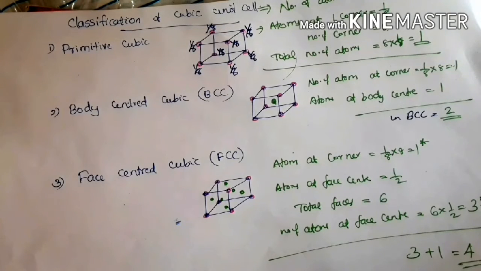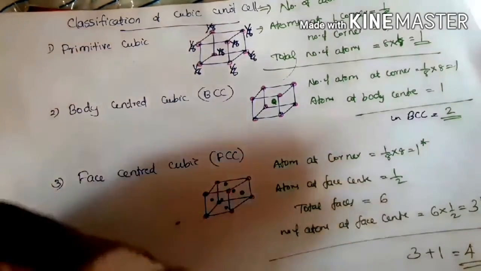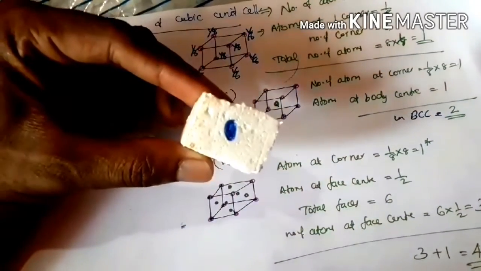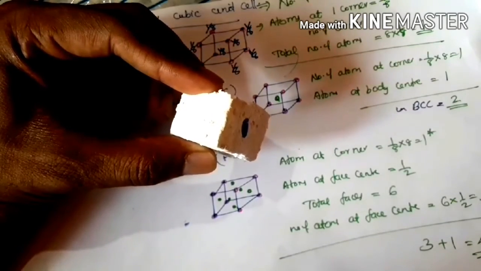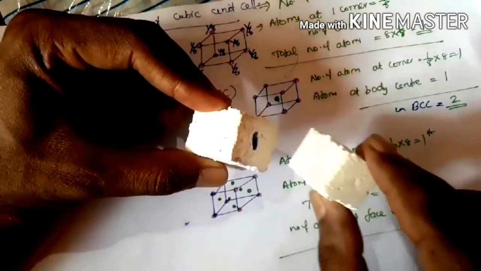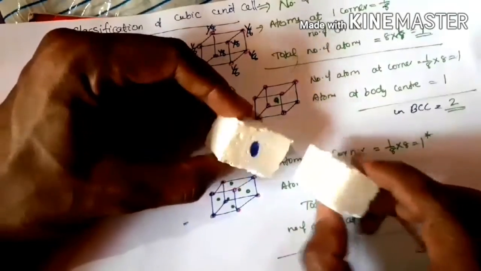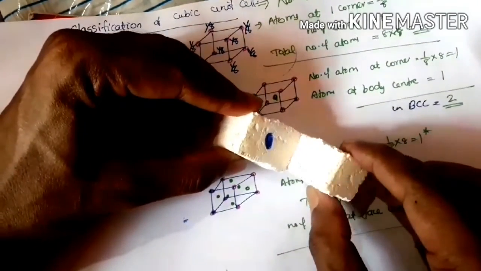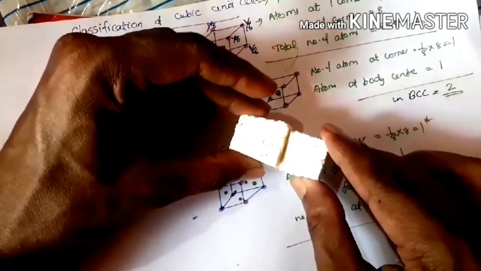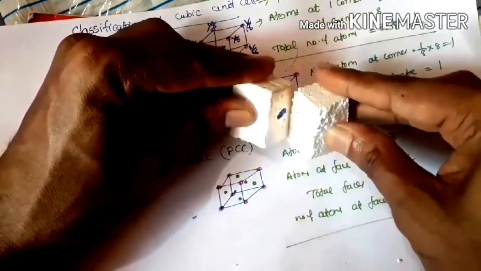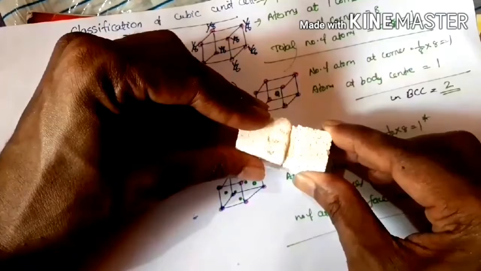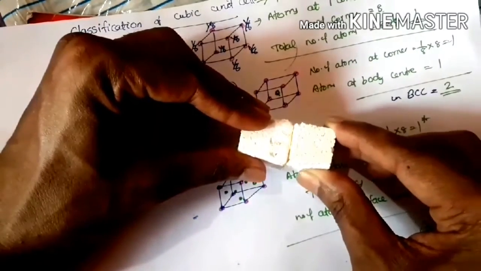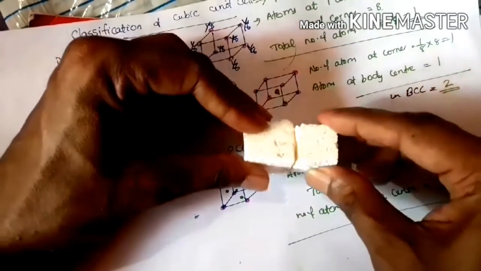Now, I can illustrate this with a small example. I have taken a cube and I have drawn an atom at one of its faces. Next, I am taking another cube, and you see the face of one cube is shared with the face of another cube. Therefore, an atom present at the face of one cube is shared by 2 unit cells.